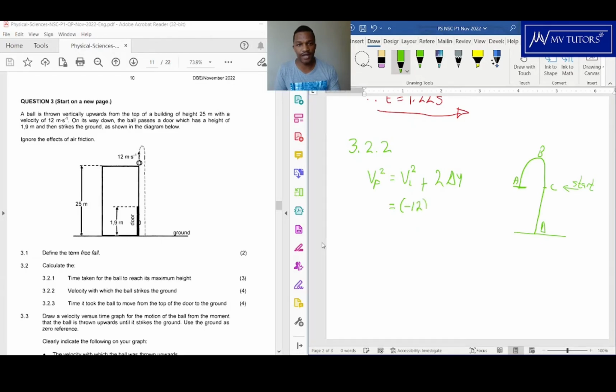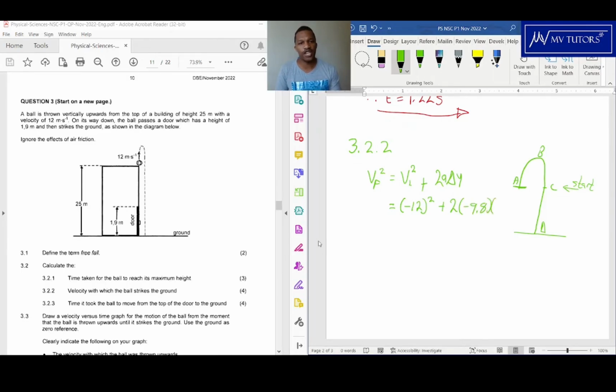So we have negative 12 squared over there plus 2 times the change in y. Now let's look at this very carefully. Isn't there a g somewhere there? There is. I missed it. There's an acceleration there, and acceleration is still going down, so it's negative 9.8.